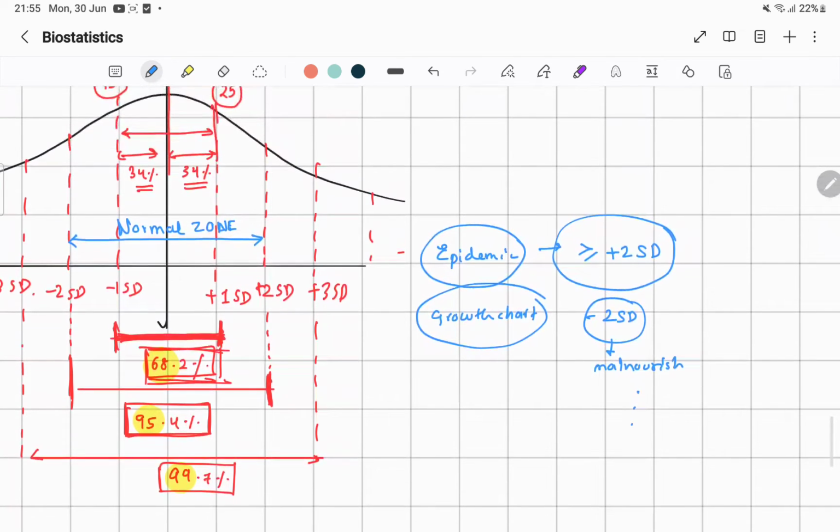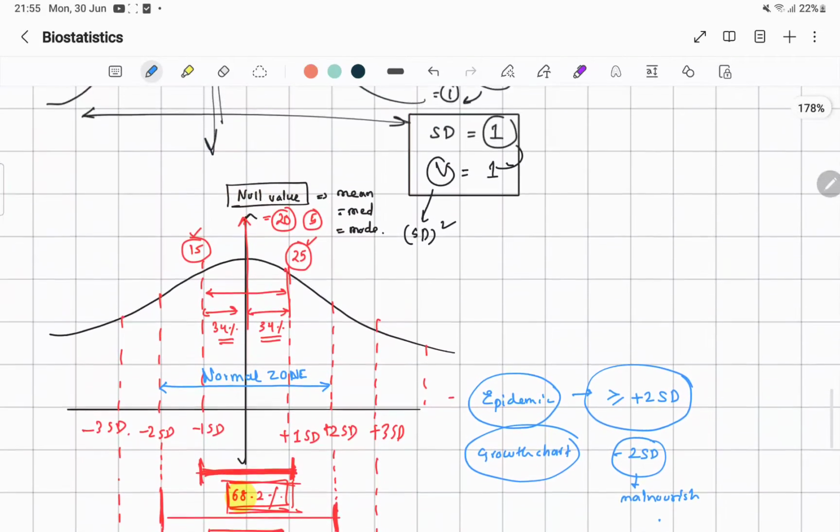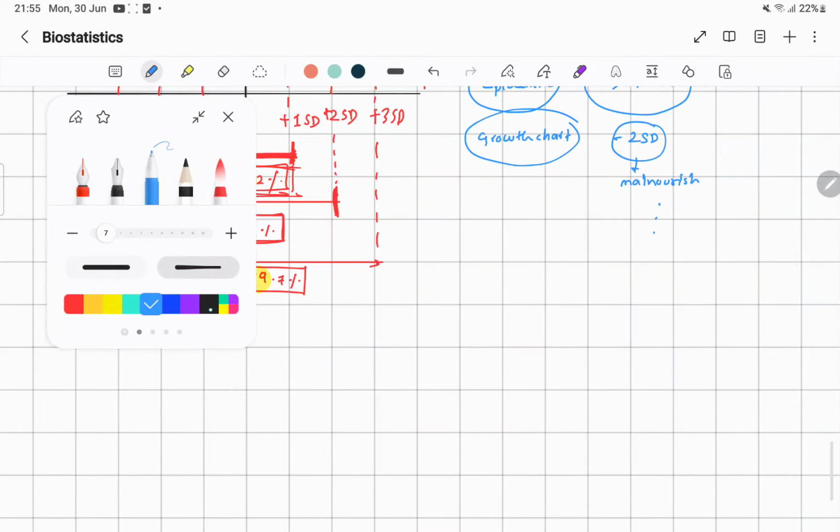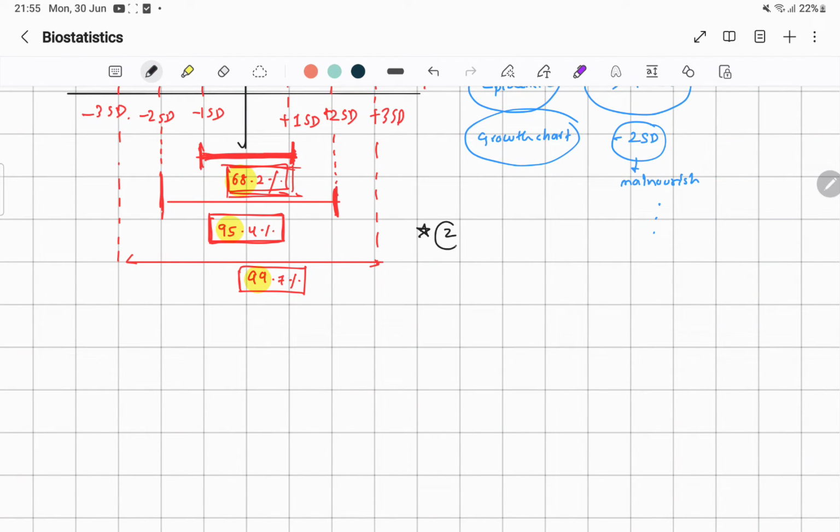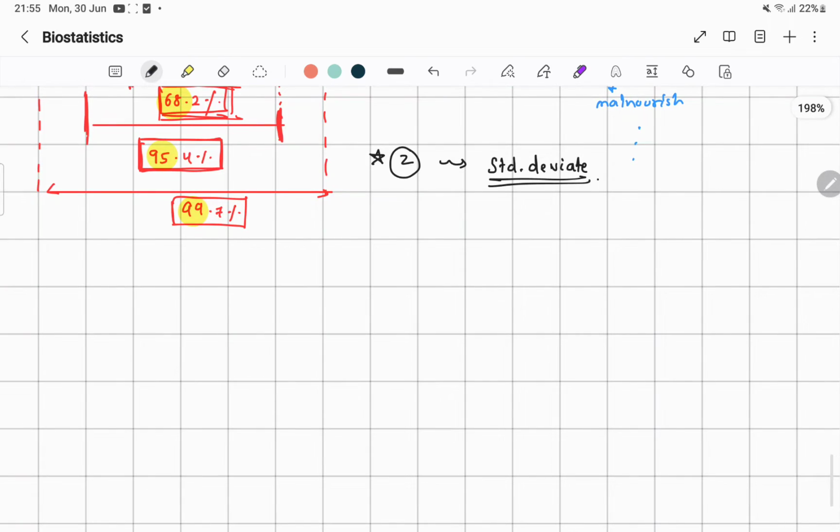Then we'll define a thing which is called Z. What is Z? Z is basically the standard deviate. Standard deviate is the location of a value in terms of standard deviation.